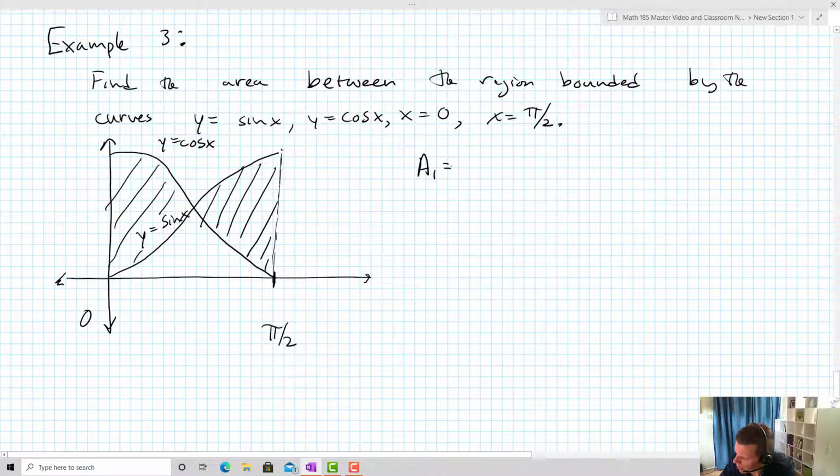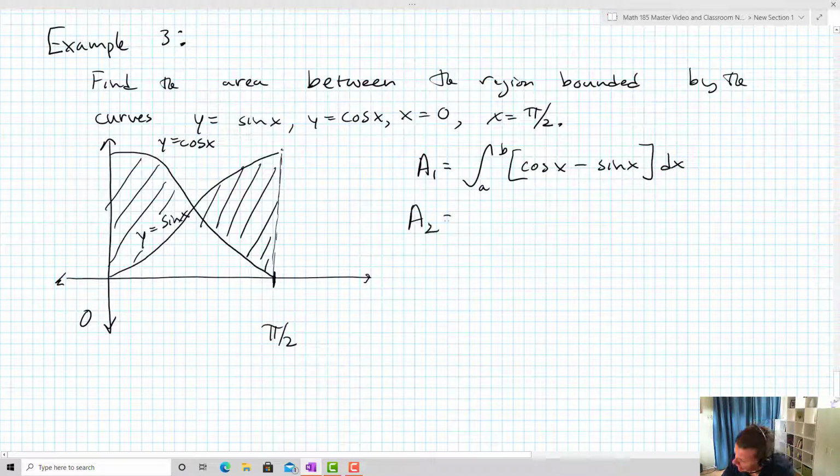We'll call one area 1. And that integral is going to be on some interval. We'll call it a to b right now. And that's going to have cosine x on top minus sine x dx. And then we have a second area, area 2. Here's area 2. And area 2 is going to go from b to c.